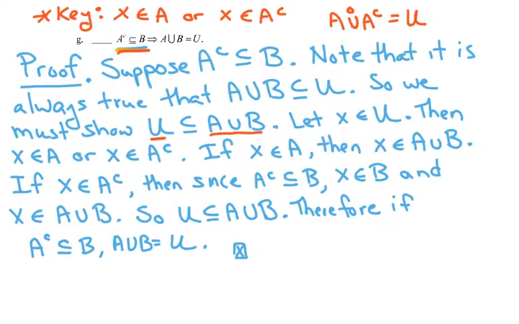But the way we start is assume that P is true and then show that Q is true. And when we're showing that Q is true, we have to do the set theory proof by showing that the subset relationship goes both ways. Now we got one way for free because no matter what, the union of two sets is going to be a subset of the universal set. So we just had to then show the other direction.